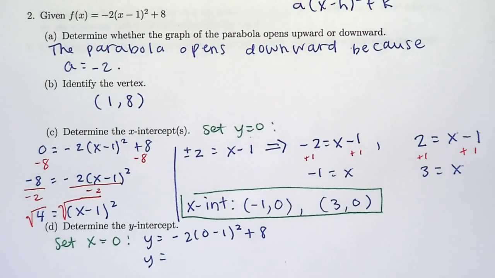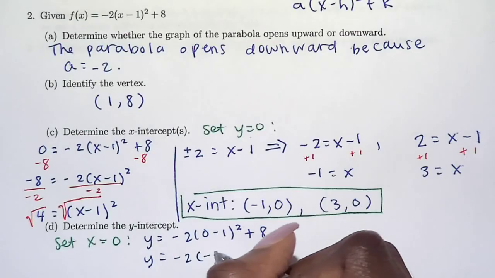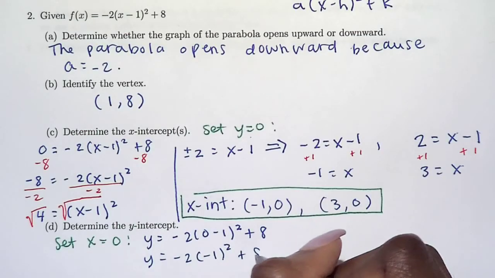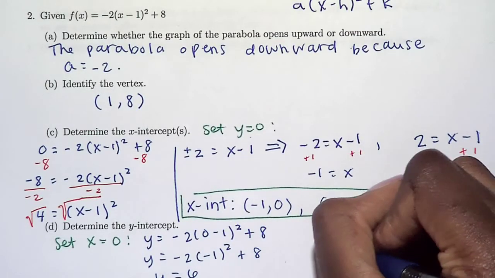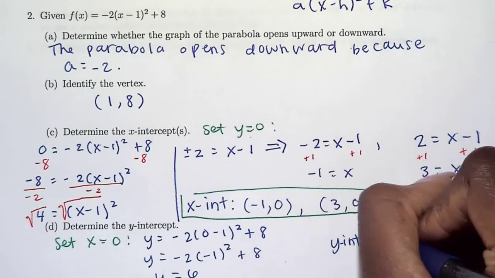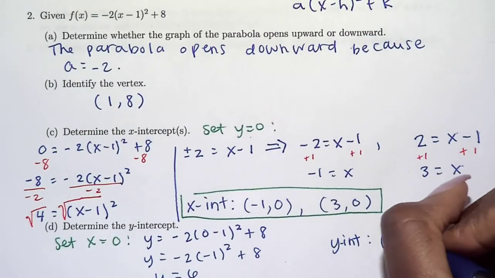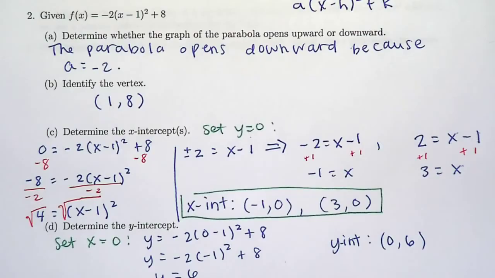Okay, so it's simply just simplifying here. So what is this? Negative 2 times (negative 1) squared plus 8. We get y is 6. So our y-intercept, x is 0, y is 6.